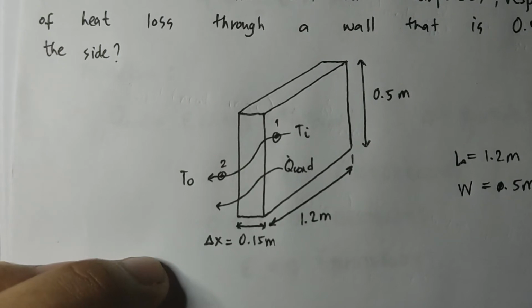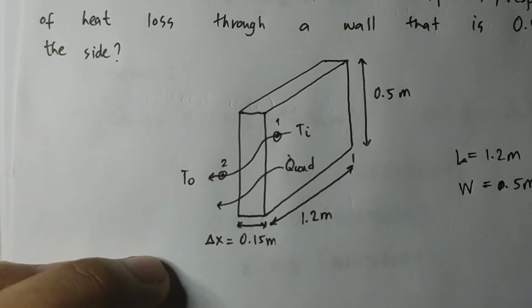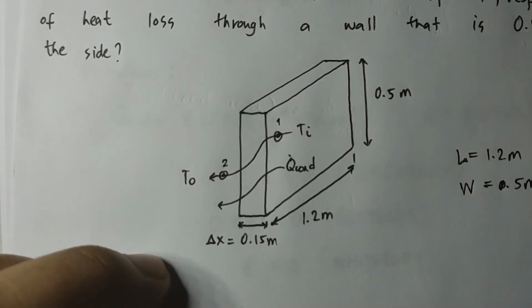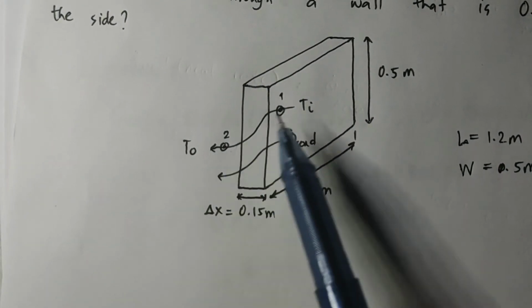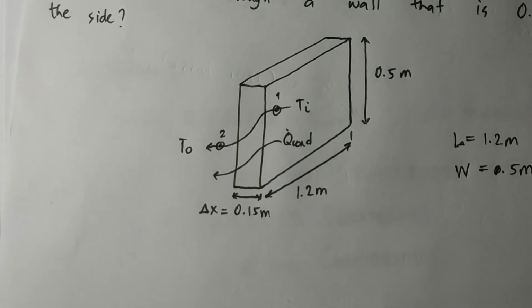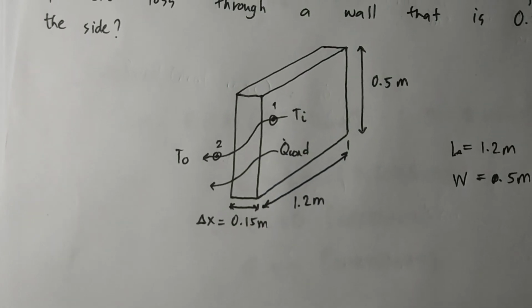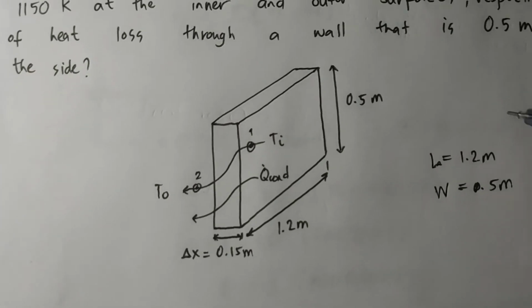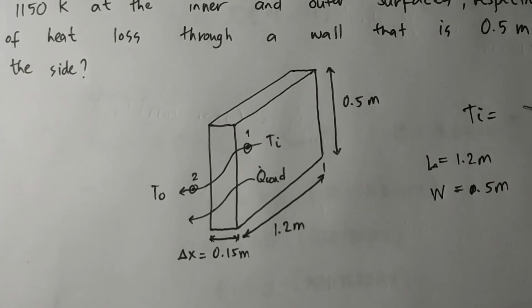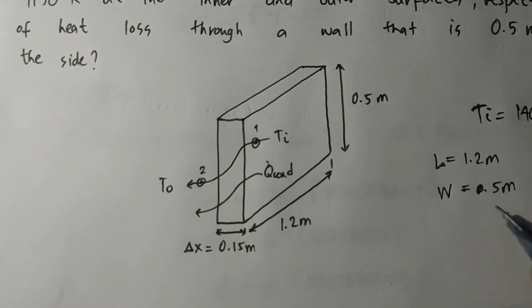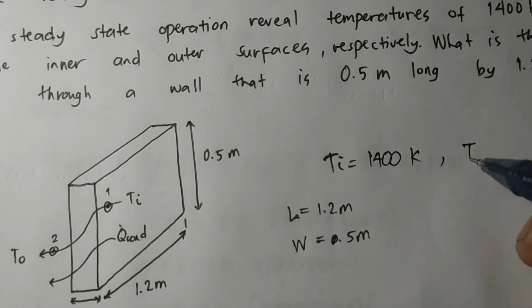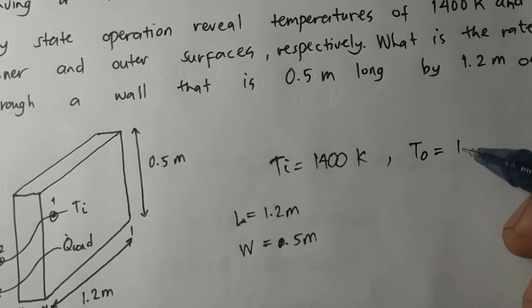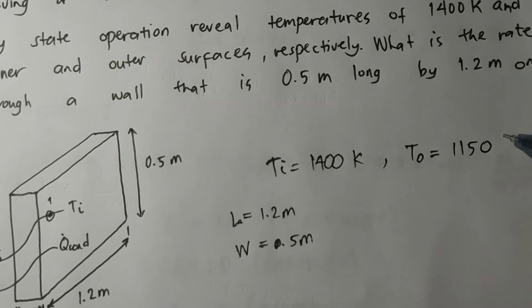Yung init mula sa loob ng pugon, lumipat siya or nag-transfer siya doon sa mismong fire brick. Kaya inside going to outside. Diba, law ng heat transfer is from hot to cold. So we have T sub I of 1,400 Kelvin. Naka-absolute temperature siya, kaya malaking T. And we have outside temperature of 1,150 Kelvin.